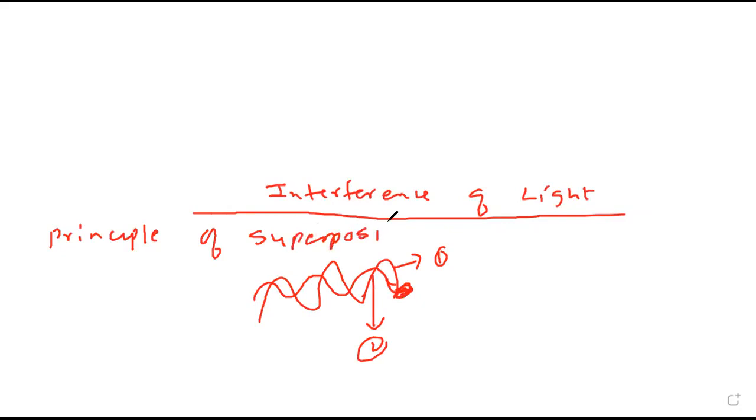If at a point in a medium two waves reach simultaneously, then both will produce disturbance, or only one will produce, first one or only second one, or none of these. Sir, could you repeat?